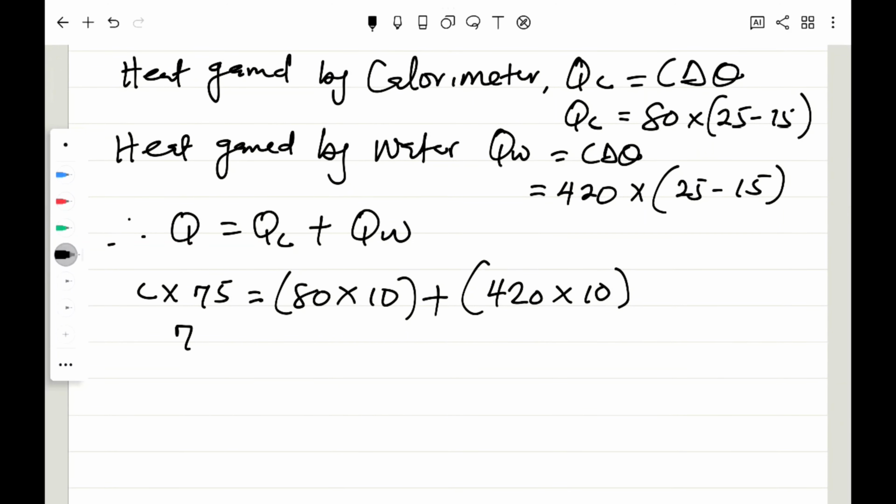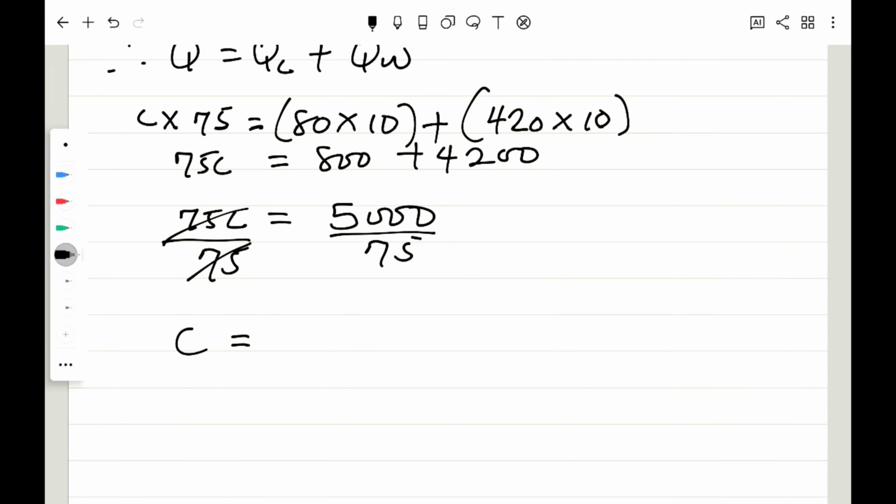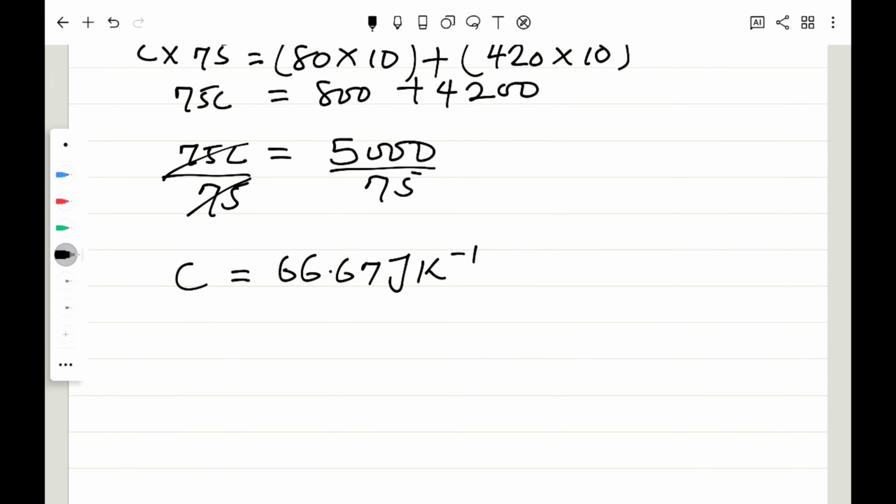So 75C is equal to 800 plus 4200. 75C is equal to 5000, divided through by 75. Our C is equal to 5000 divided by 75, which will give you 66.67 joules per Kelvin. This gives us our answer for this.